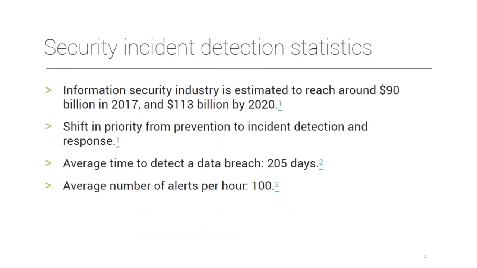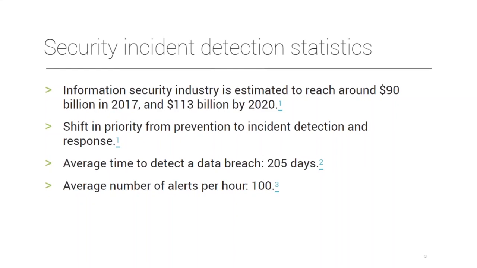So then, these are a couple of numbers I felt could really highlight why we need incident detection methods like event correlation today. Overall, the information security industry of today is estimated at around $90 billion, and it is also touted to reach $113 billion by 2020.